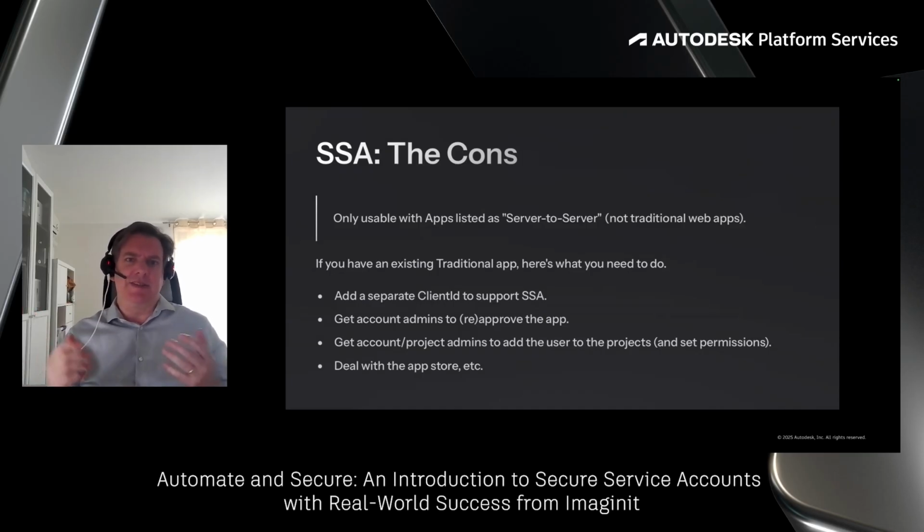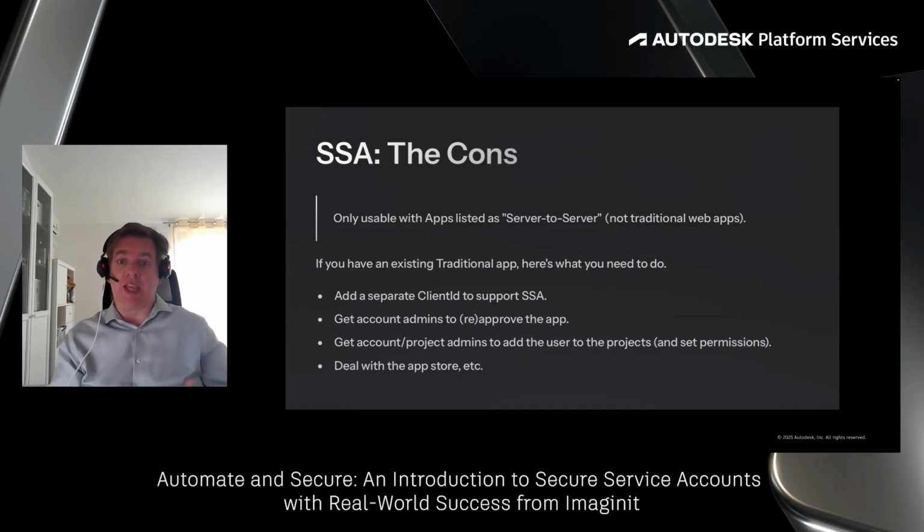So it's a no-brainer if you are moving over from a server-to-server app where you've used two-legged OAuth historically. But for our case, we basically had to create a separate client ID to support SSA. For people who are interested in using it, any existing account admins on accounts where we were already approved had to reapprove with the new client ID and the new app.